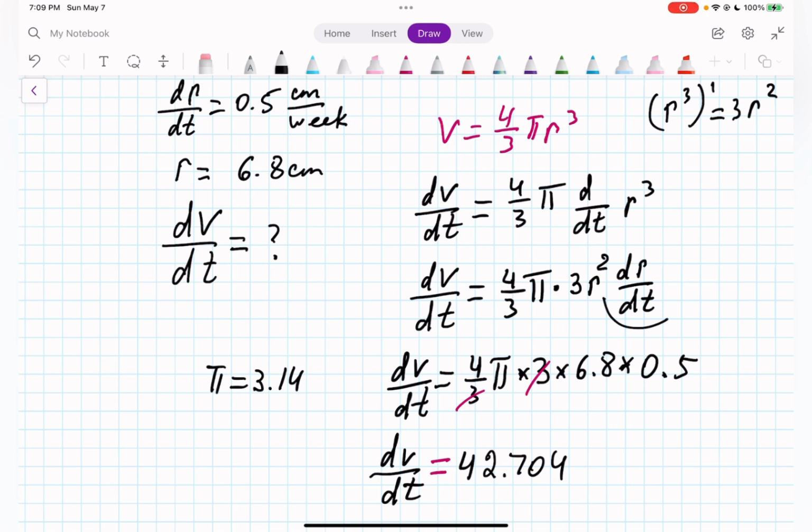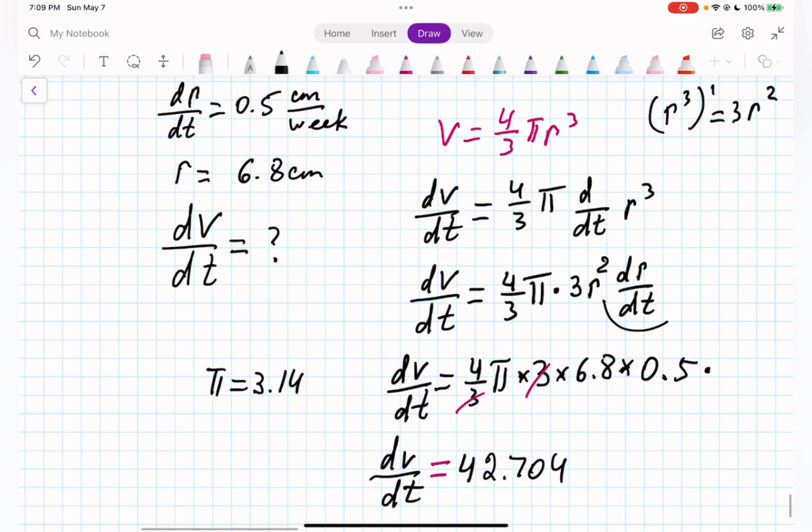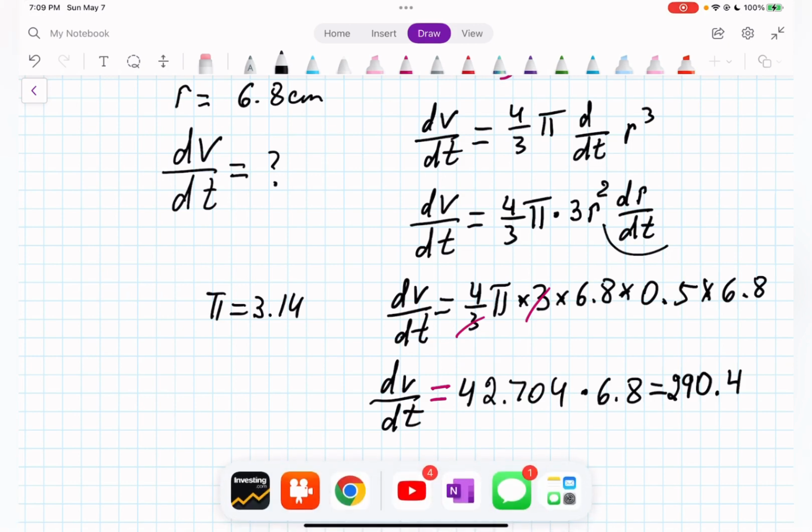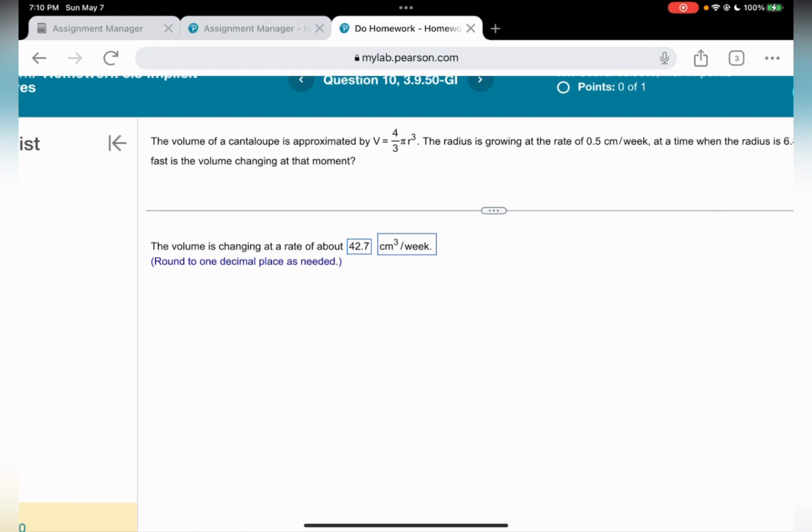Since we have r squared, we need to multiply by 6.8 one more time, so here I'm multiplying 42.704 one more time by 6.8, and I'm getting 290. Now this is better. With the given data I felt it was too slow. 290.4. Okay, this looks more like a correct answer.